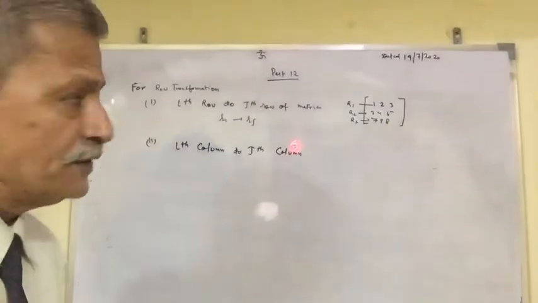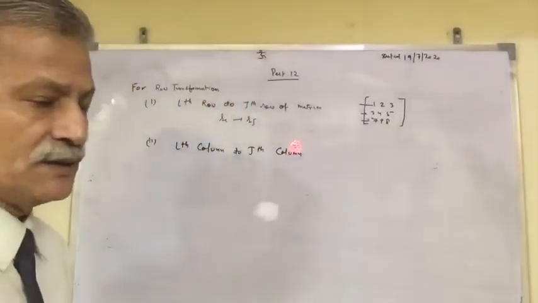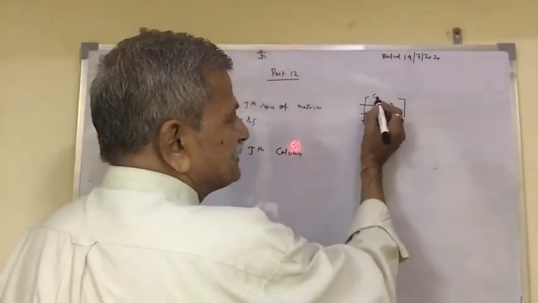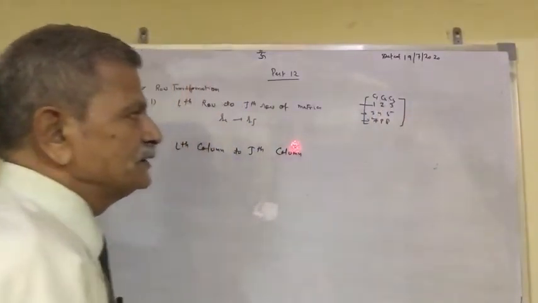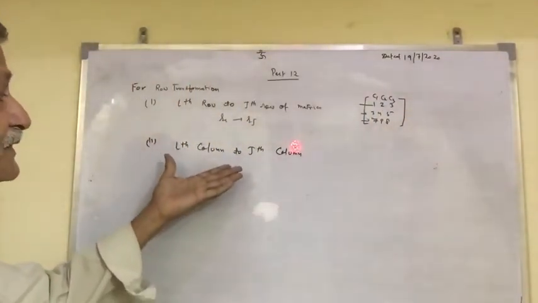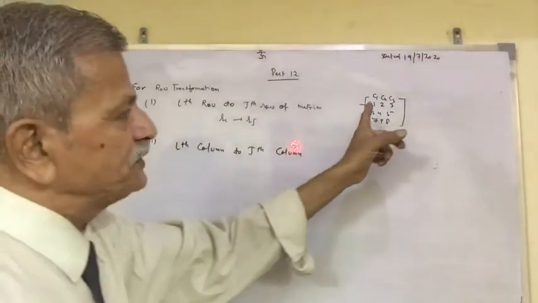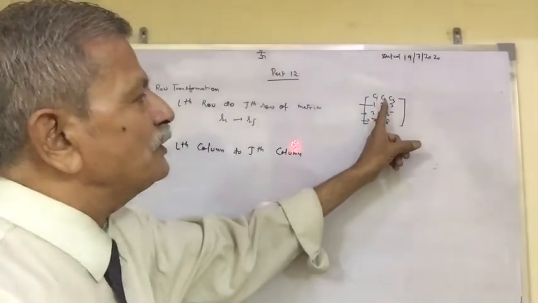Which means what? Let us suppose I give you one example here. We have a 3 into 3 matrix. Now this is your C1 column, C2 column, C3 column. In the second rule, you can interchange any column with any column.